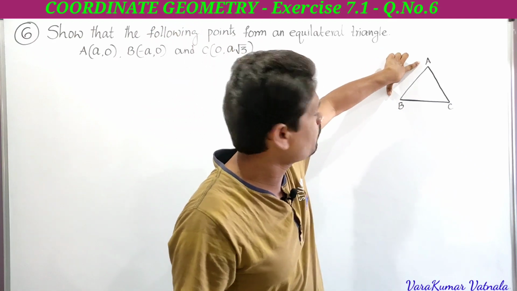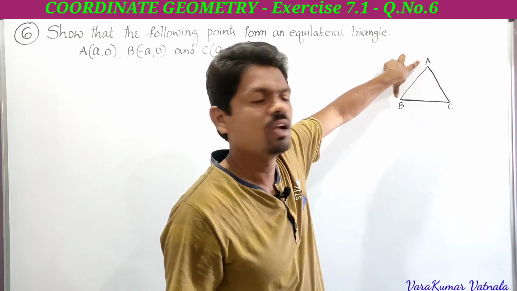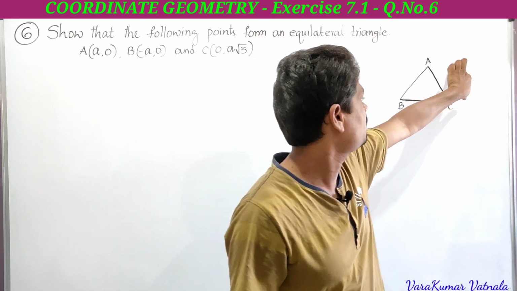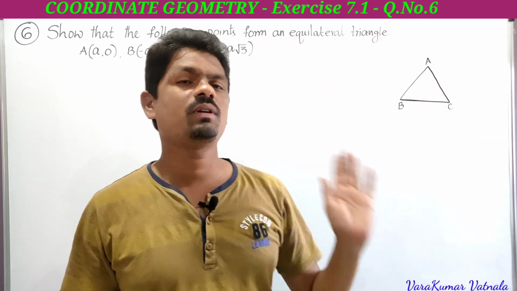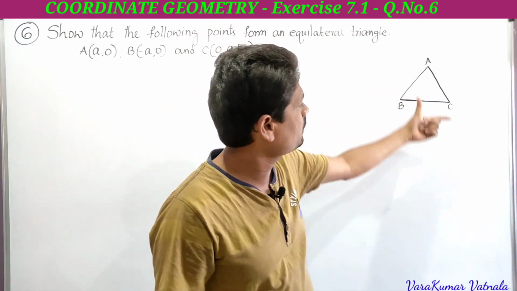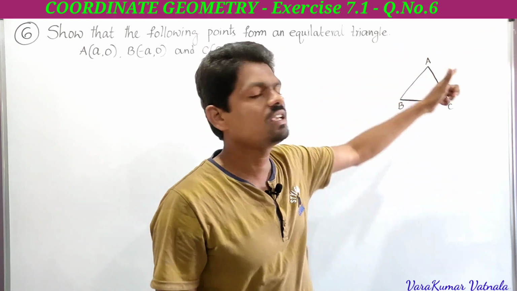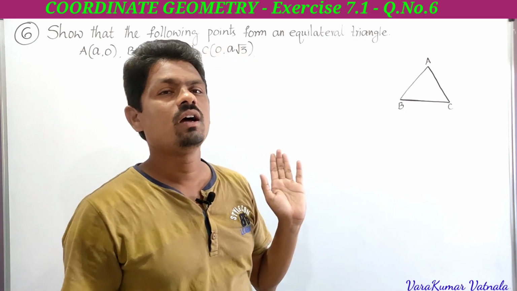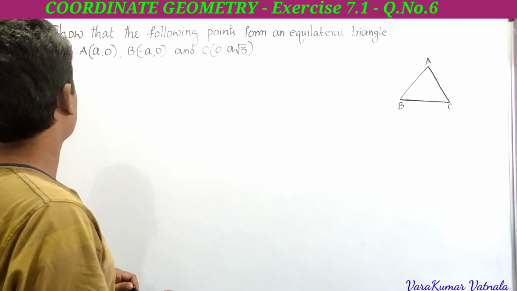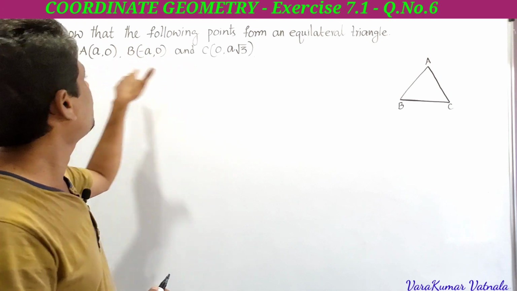The length of AB is nothing but the distance between the points A and B. The length of BC is the distance between the points B and C. In the same way, the length of AC is the distance between the points A and C. So we have to find these distances using the distance formula.